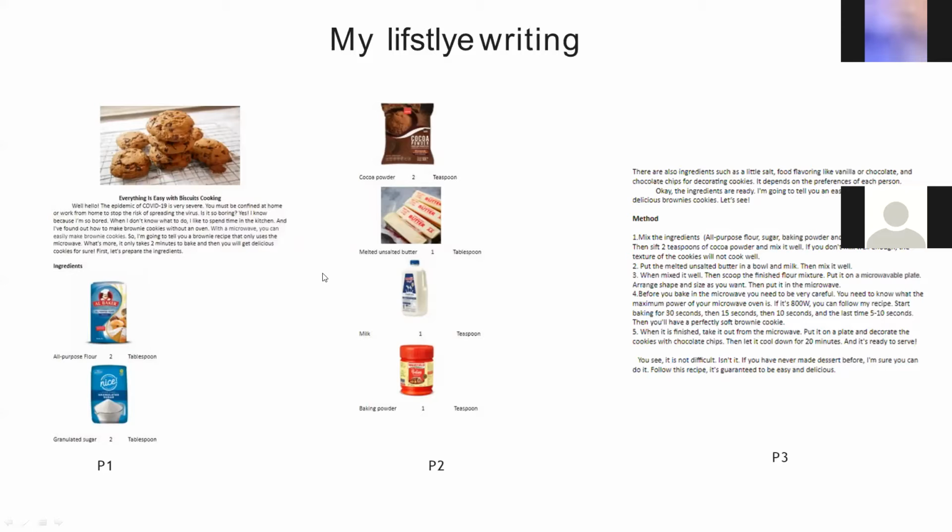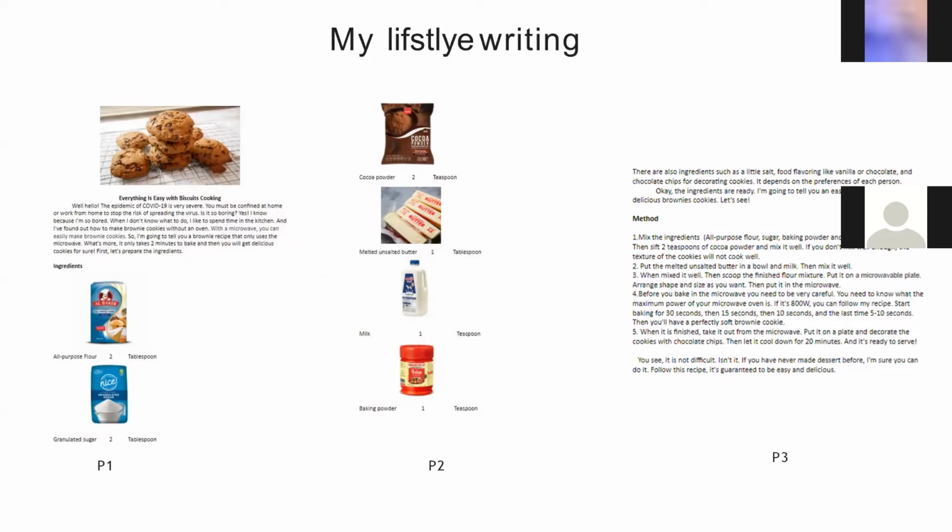That's because many people have to stay at home to stop the risk of spreading the virus. And I think many people that read my writing will be bored. So I picked a simple way to make some cookie to write in my writing.